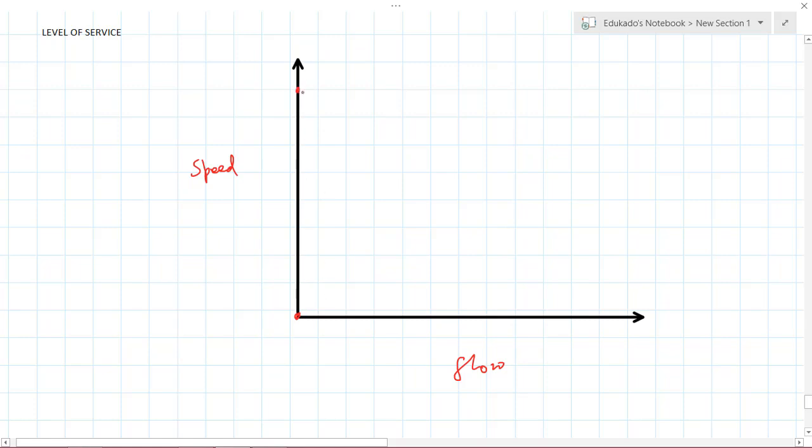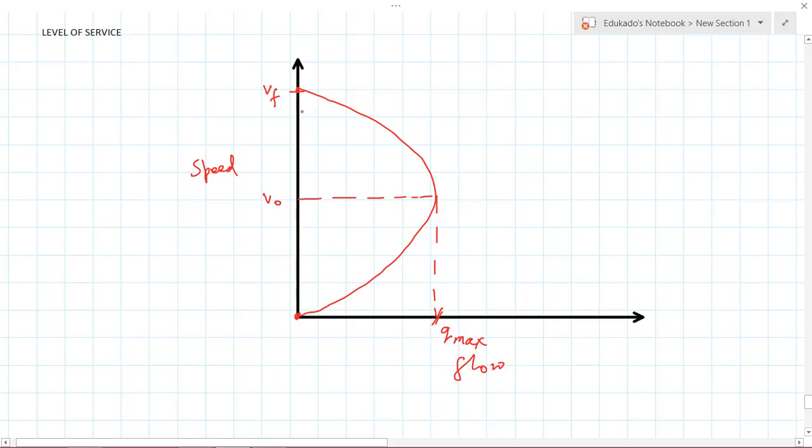There was a maximum point, and it was going like this, and like this it was coming, fine. So I said this was V0. Okay, this V0 was corresponding to the maximum flow, I call it Q max, fine, and this was the free flow, VF, and that's it.